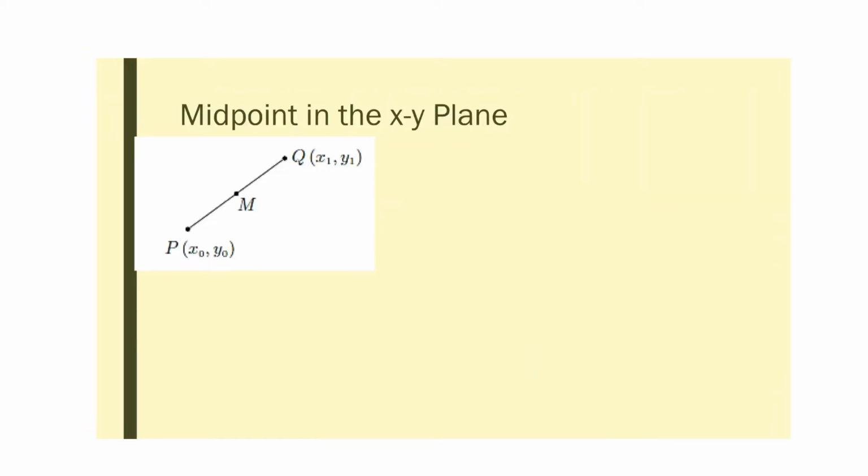Okay, the very last thing I'm going to talk about in 1.1 is midpoint. The midpoint is the point halfway between point P and Q, the point XY, so this line segment is equivalent to this line segment. The easiest way to think about it is that you can average the x values, and that becomes the x coordinate of the midpoint, and you can average your y values, and that becomes the y coordinate of the midpoint.